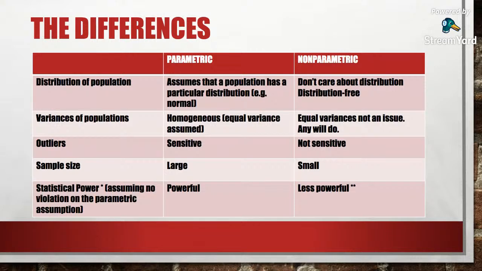For the distribution of population, parametric assumes that a population has a particular distribution, for example, a normal distribution. But in reality, when you gather your data for your thesis, you cannot really see a perfectly normal distribution of the population, especially if you have few samples or respondents.